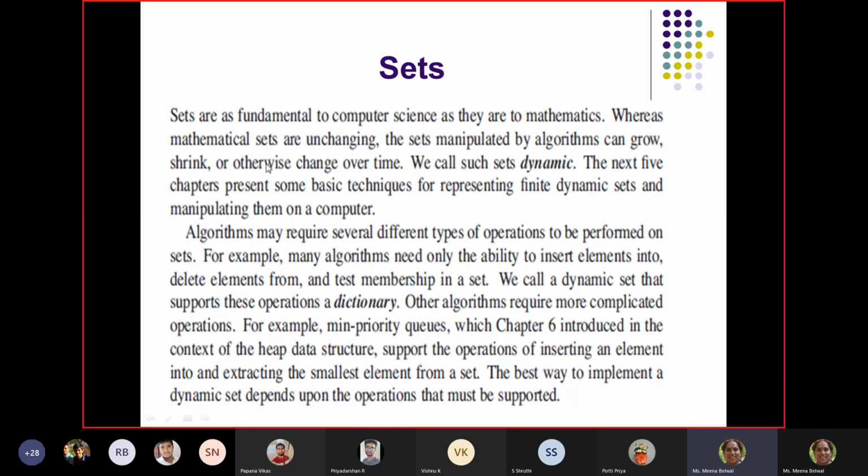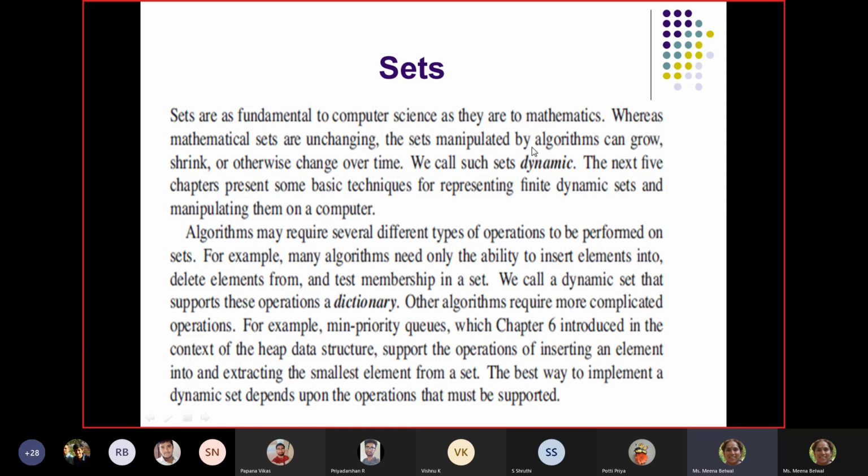Sets are as fundamental to computer science as they are to mathematics. Actually, we cannot separate mathematics from computer science. Without mathematics, we cannot do computer science. Whereas mathematical sets are unchanging, there is a difference, right? In maths, sets are unchanging.